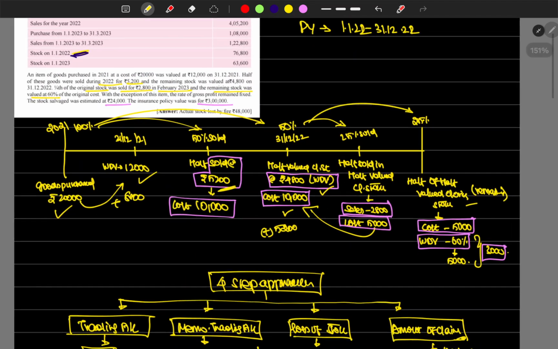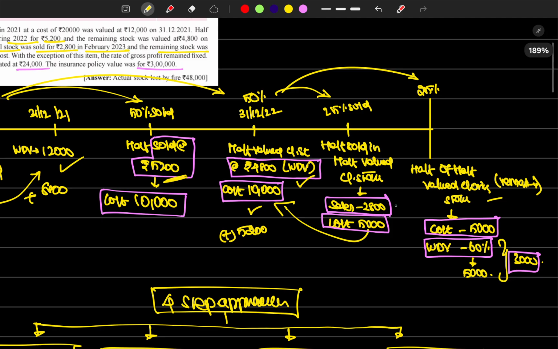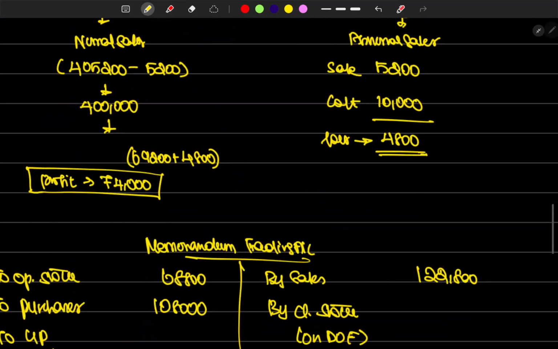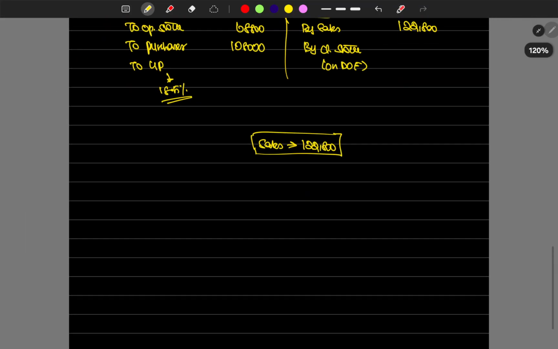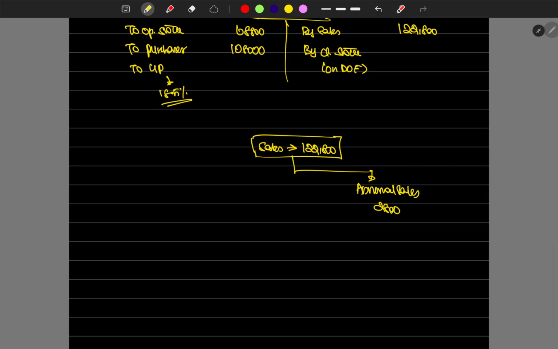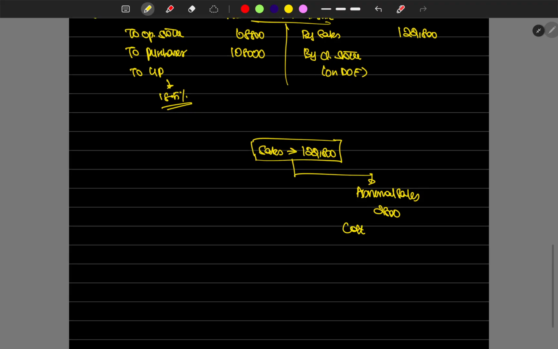This year also there is an abnormal sales happened. See, sales of 2,800 happened with the stock of 5,000. Okay, so abnormal sales is 2,800. Costed 5,000.